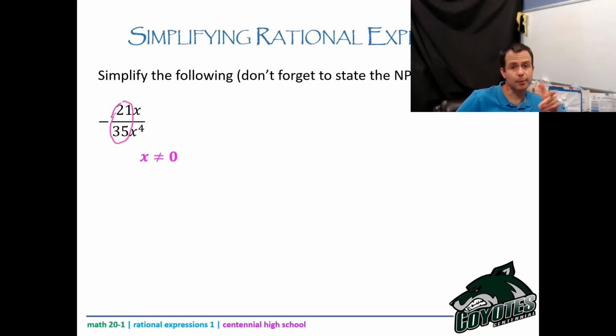If you want to think about it as division first: when I divide powers of the same base, I subtract the exponents. So 1 minus 4 gives me negative 3, and then the x to the negative 3 gets flipped to the bottom to become x to the positive 3. It doesn't really matter how you look at it, as long as you can get that x to the 3 on the bottom. So I'm going to have negative 3 over 5x to the 3. Negative 3 over 5x to the 3.